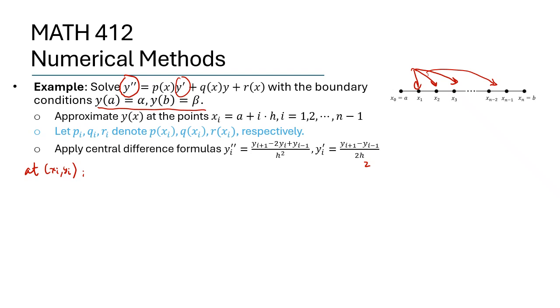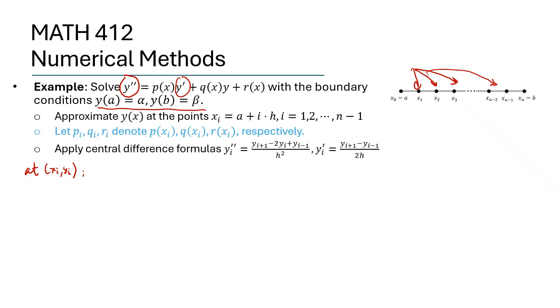And for convenience of writing, in such a limited space, I don't want to write each time things like this. That's horrible. We just use p sub i, q sub i, r sub i to denote p of x sub i and so on. So that's a shortcut in our case. Now we'll see how to discretize the problem.